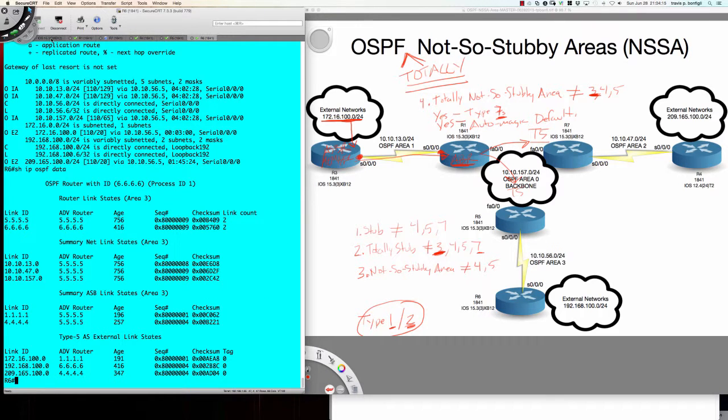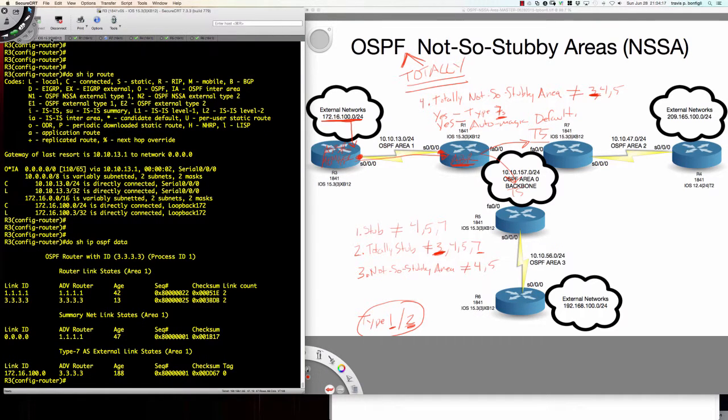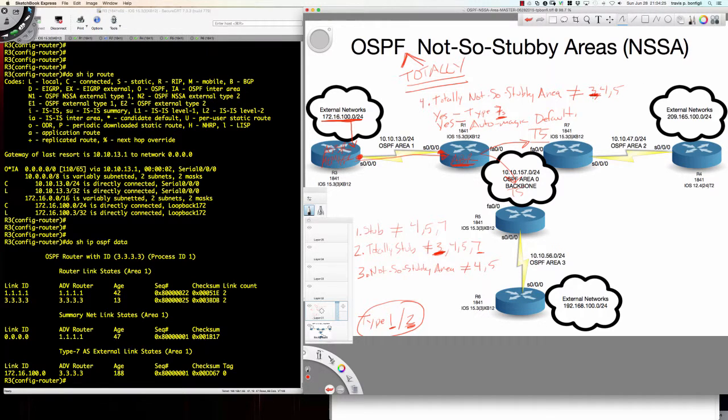So again, the major difference between the not-so-stubby area and the totally stubby area is, the first difference is that the totally stubby area does not allow type 3s, right? The not-so-stubby area does.